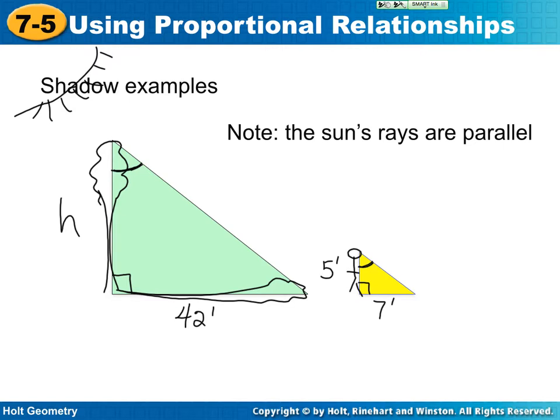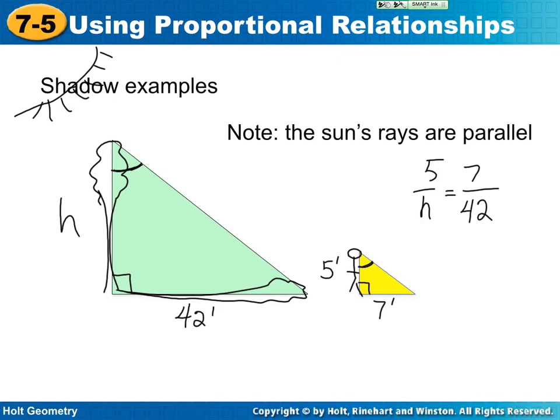Caleb, what are you using for your proportions? 5 over H. You said 5 over H. 5 over H, 7 over 42. Anyone go H over 5, 42 over 7? 5 over 7, and H over 42.